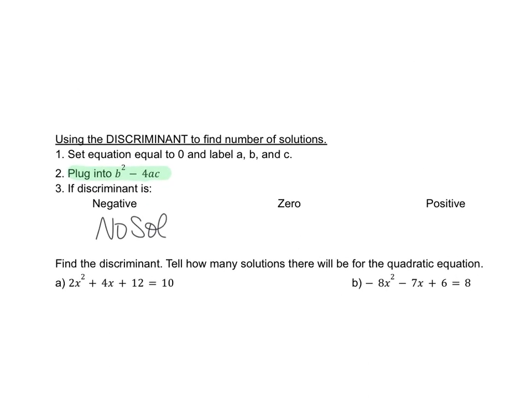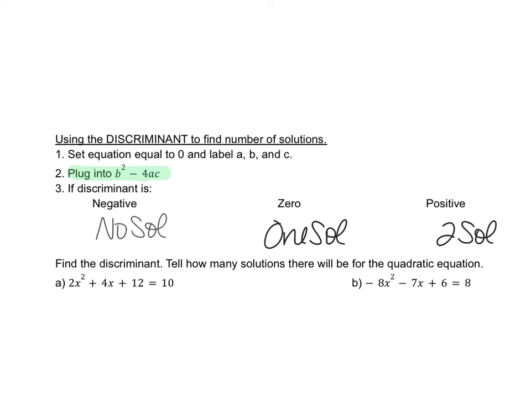Okay, and this is something you're going to need to know for your quizzes and tests, because there's going to be problems that just ask how many solutions are there. Whenever you get 0, that means there is 1 solution. And if it is positive, that's going to be 2 solutions.